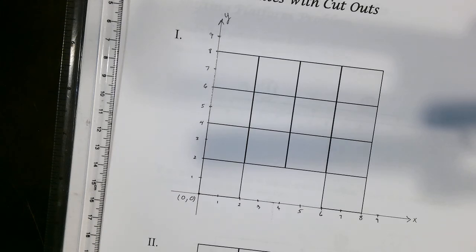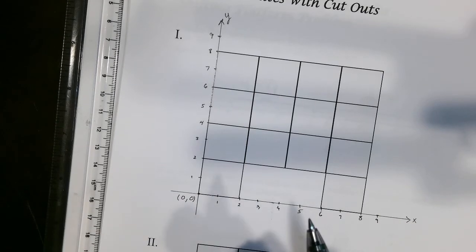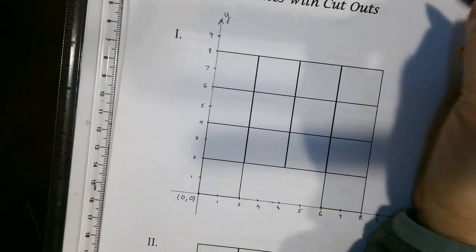Now, where is the center of mass for each block? I'm going to just make it easy.